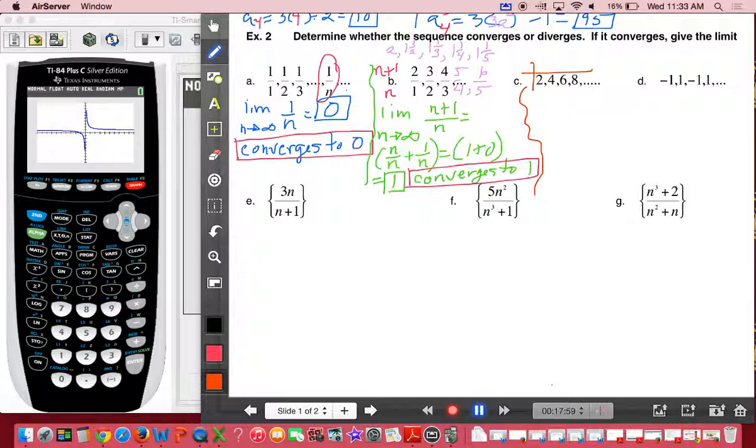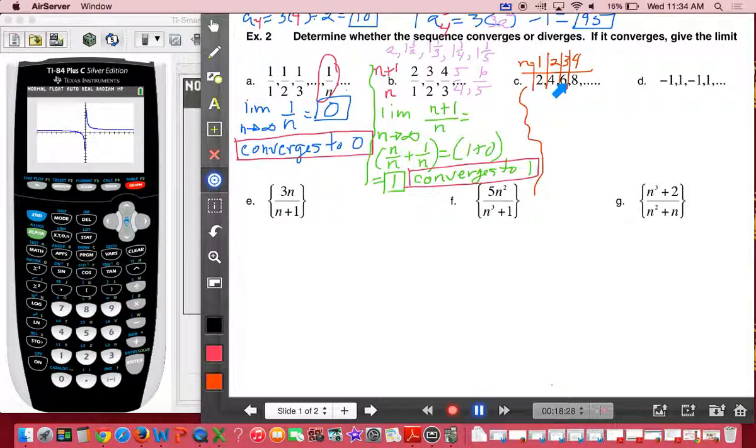So when n is 1, n is 2, n is 3, n is 4. What is happening to n? Plus 2, increasing by 2. Yeah, so to go from 1 to 2, we had to have multiplied by 2 or added 1. To go from 2 to 4, we multiplied by 2. To go from 3 to 6, we multiplied by 2. And to go from 4 to 8, we multiplied by 2.